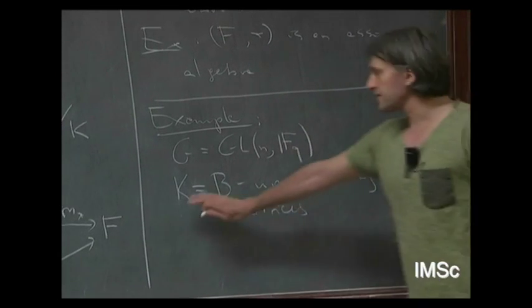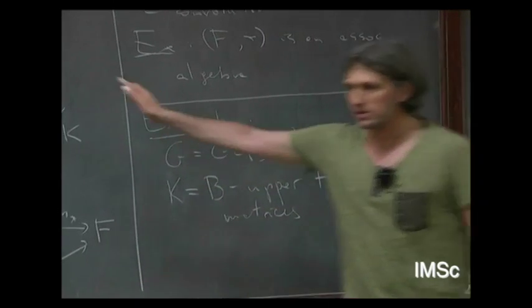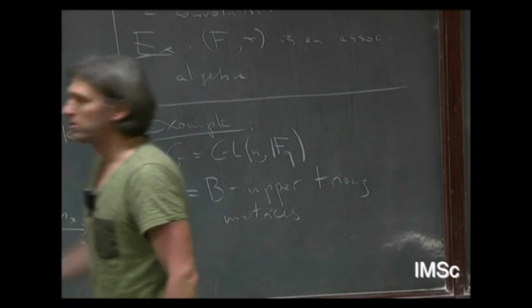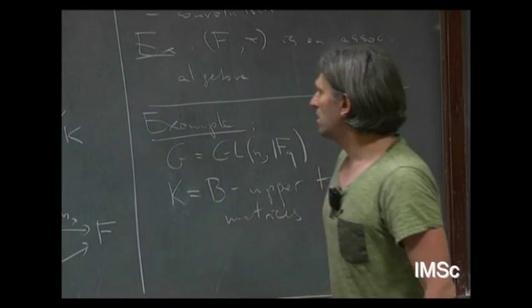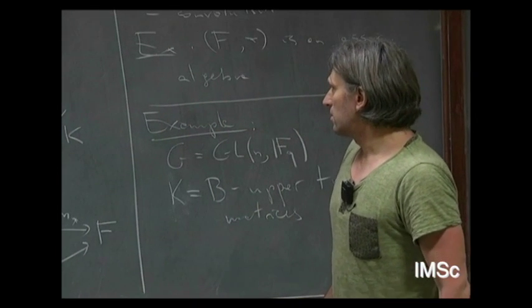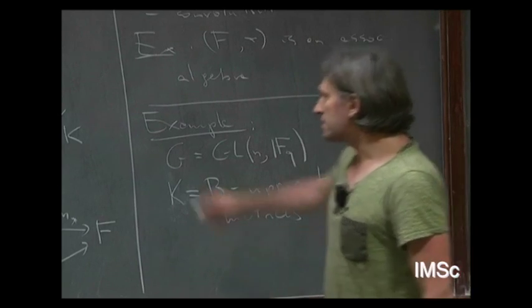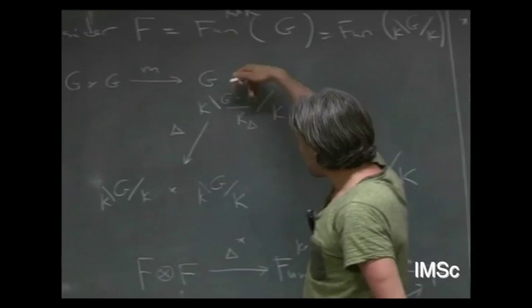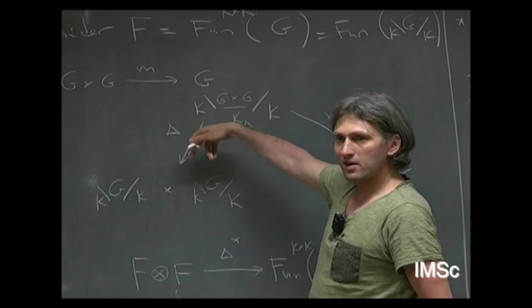So from now on, I'm skipping the notation K. I just used it here, not to specify them. Is this a multiplication restricted to K binary functions? No, it's just taking quotient by more action.